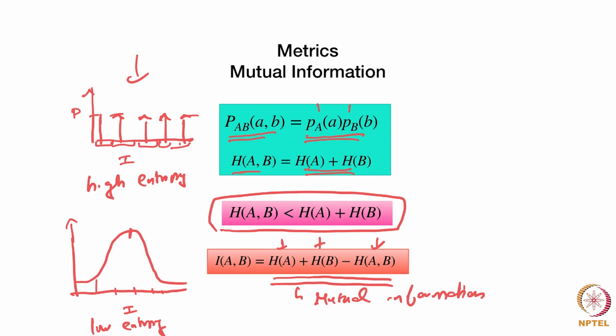If you have the joint histogram, you're looking at the probability of co-occurrence of pixel intensities. Here, when you say PA of A, you're just looking at a particular pixel value A and its probability of occurrence. You just count the number of times the intensity occurs. There are other ways of doing this if you have a continuous range of intensity values, but we won't get into those details.